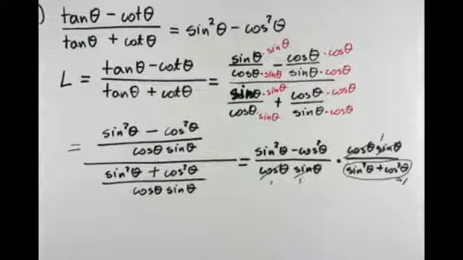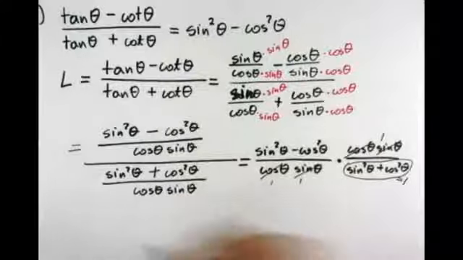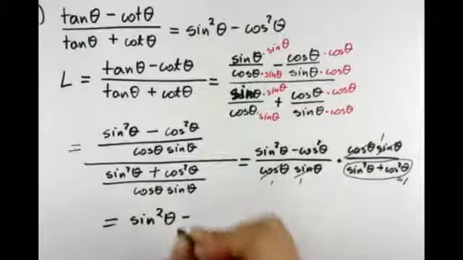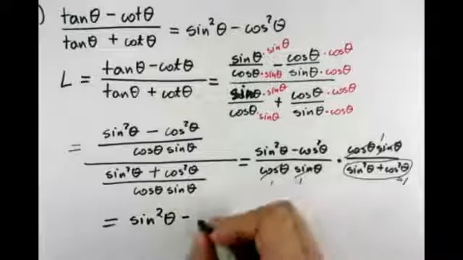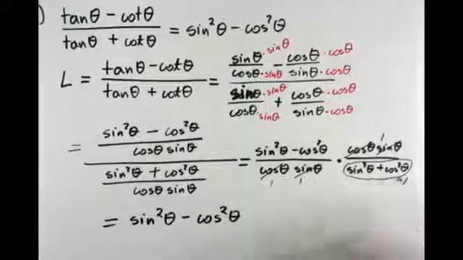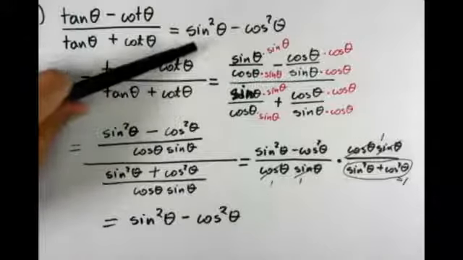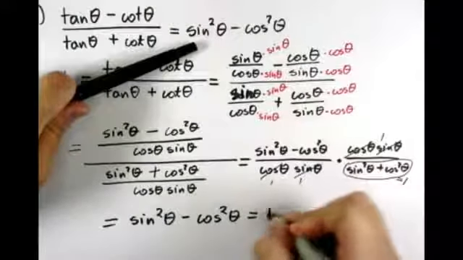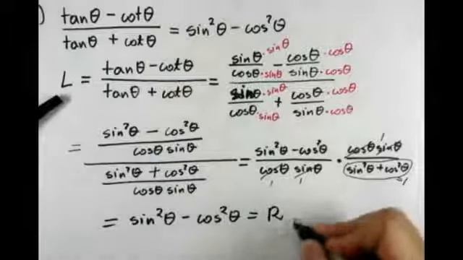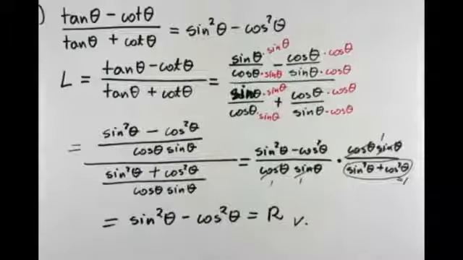So what I'm left with is sine square theta minus cos square theta times 1. So that's the sine square theta minus cos square theta, and that gives me the right side. So I started with left side, I finish with right side, therefore I prove it.